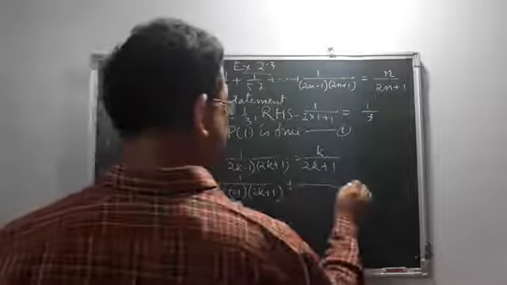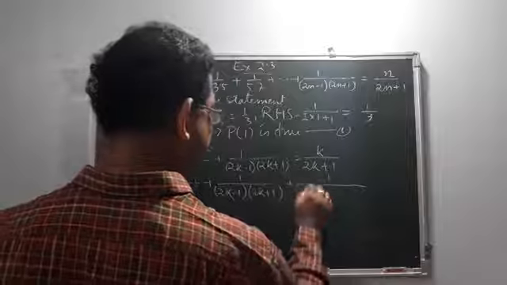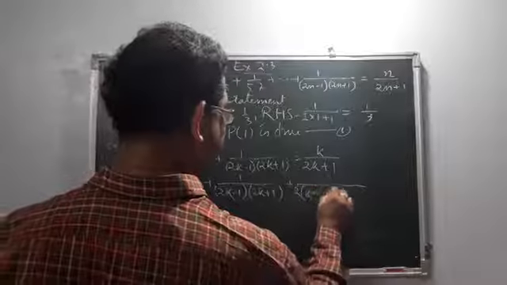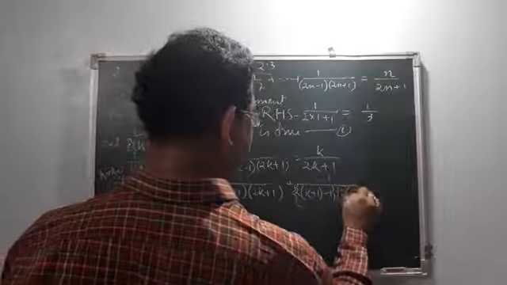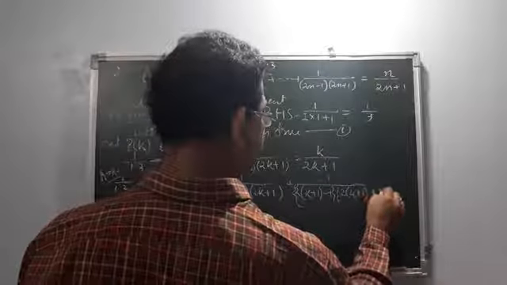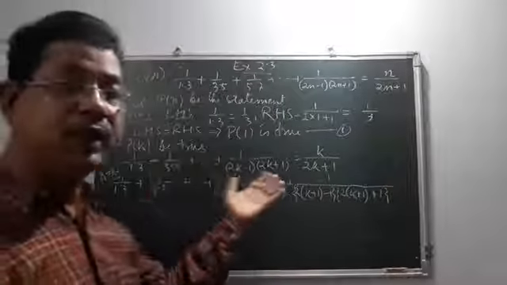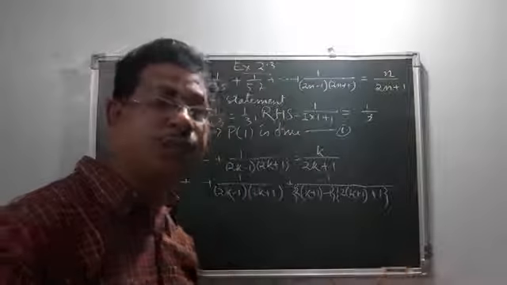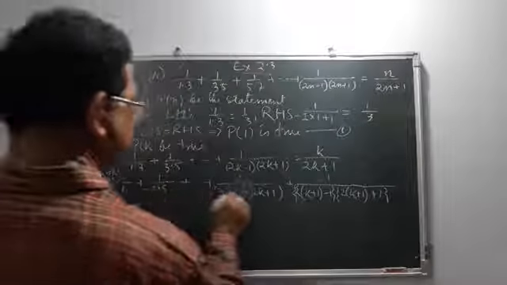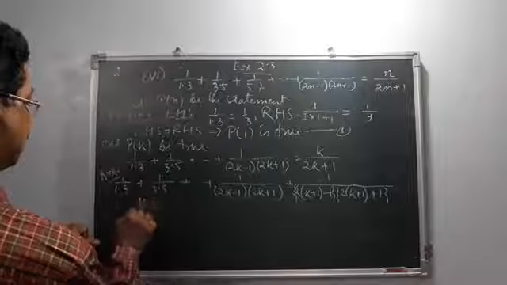So here what we are going to add is 1 by (2(k plus 1) minus 1) into (2(k plus 1) plus 1). So students, what we have done: up to k, this line it was. Now I have added a new term of k plus 1. Now this term is k by 2k plus 1.